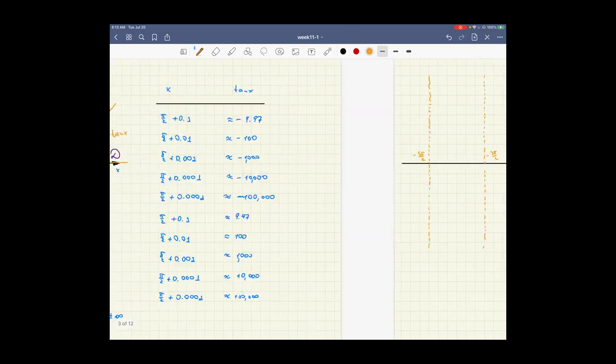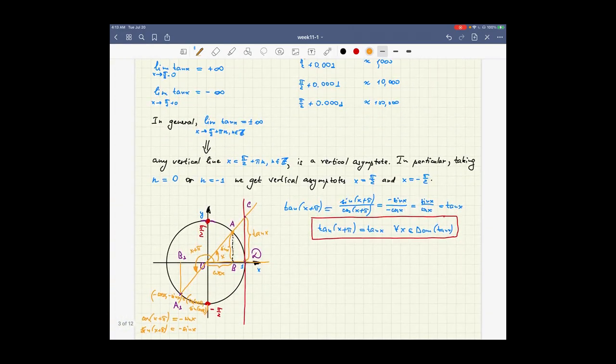What else do we know about tangent? We also know that tangent is an odd function. That is because tangent of negative x is sine of negative x divided by cosine of negative x.